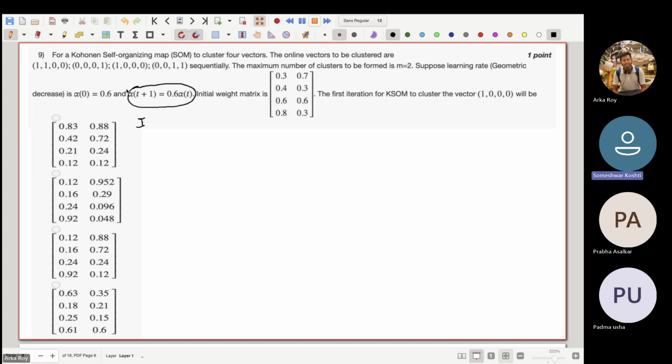So neuron 2 is the winning neuron because it has the lesser distance, which we can calculate using Euclidean distance.